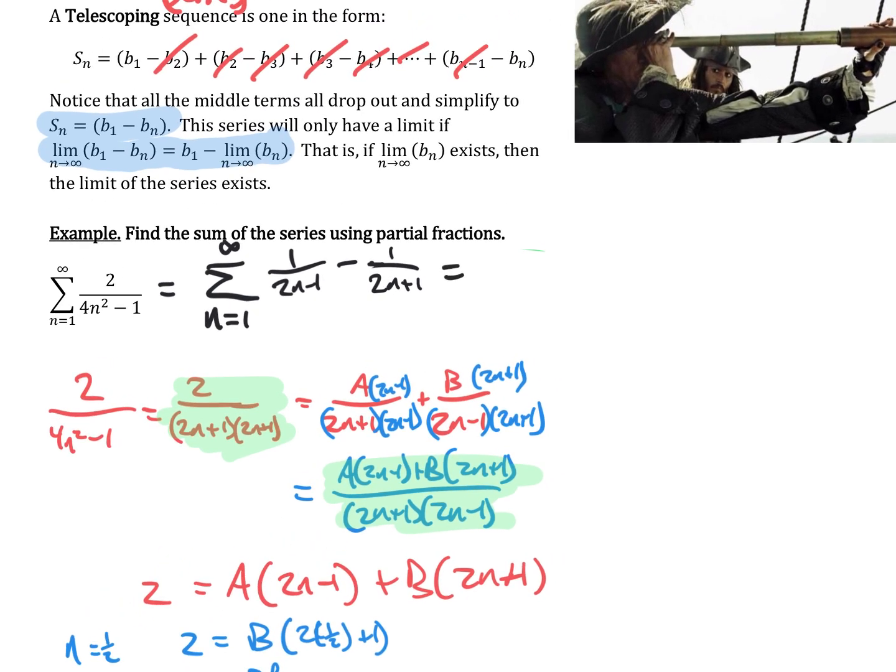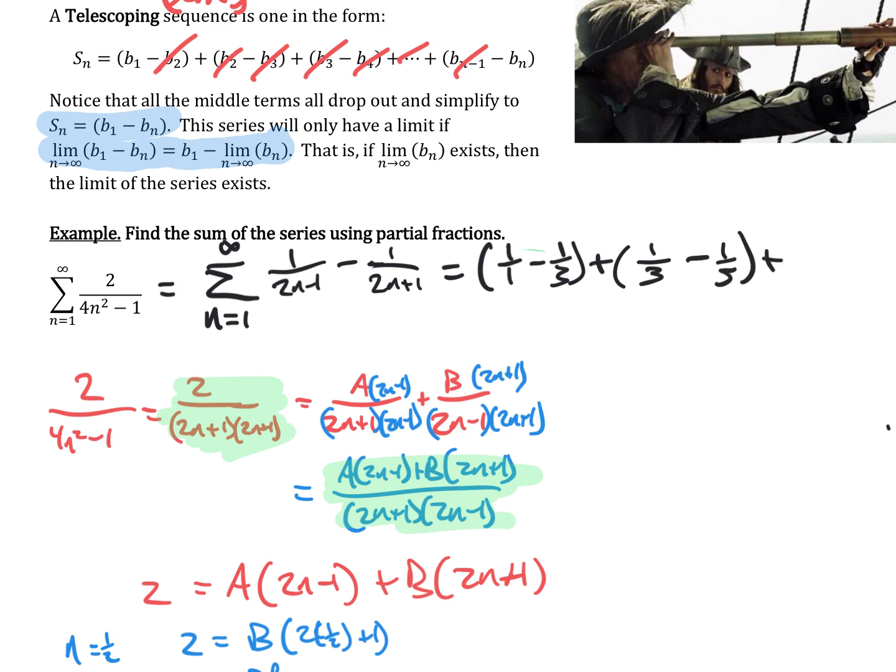Well, what does this mean? Let's write out our first few terms. Plug in 1: 2 times 1 minus 1 is 1, so I'm going to write 1 over 1 minus, plug in 1, we get 1/3. Now plug in 2: I get 1 over 2 times 2 minus 1, which is 3, minus, plug in 2, this becomes 5.